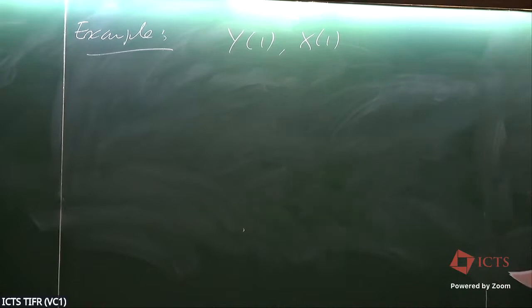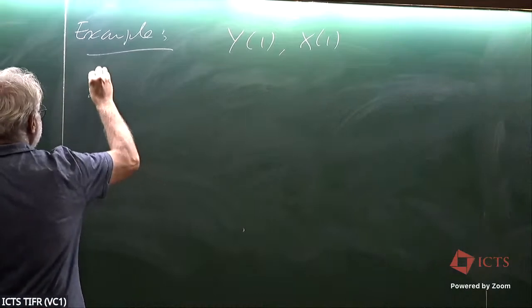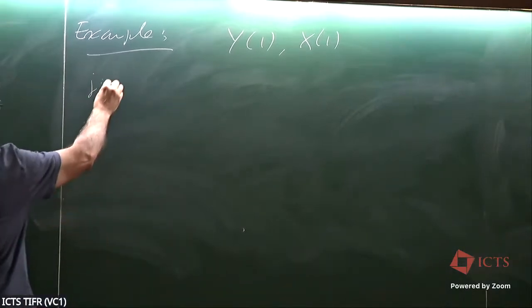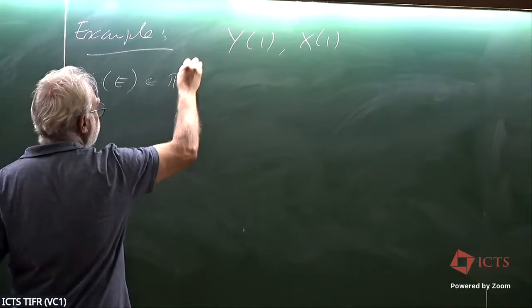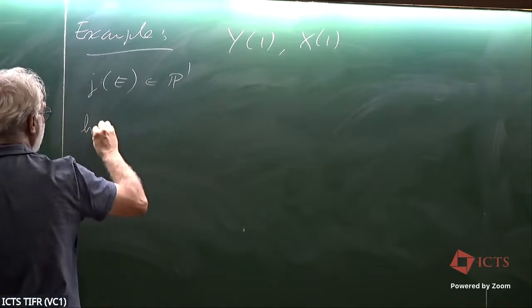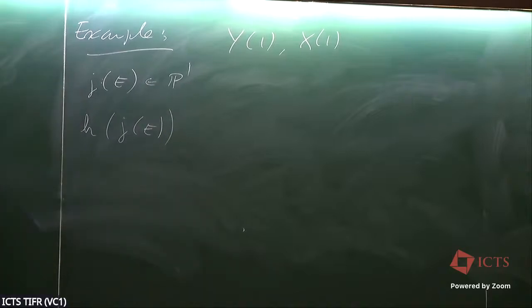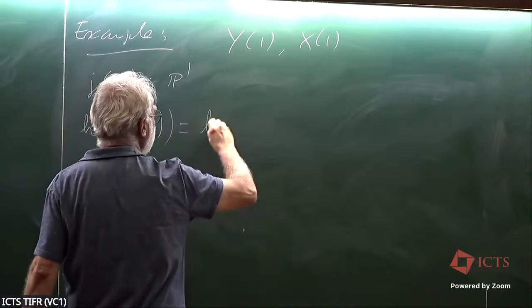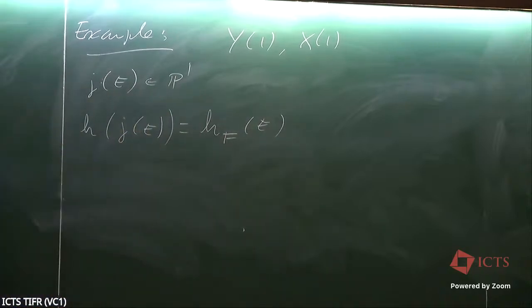Then inside this, I have the j invariant, that when I apply the j invariant of E, it's an element in P1. And then I can define the height, the value G of E, as what is called the Faltings height of the elliptic curve E. So Faltings defined a height, a modular height, to every curve.